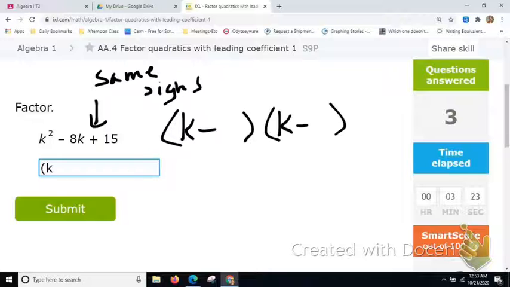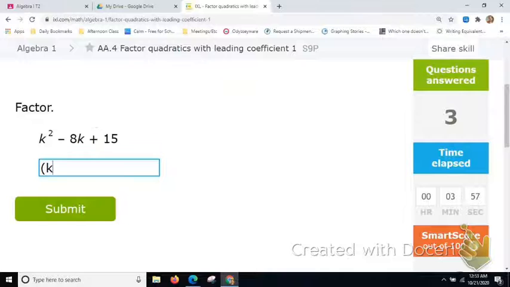And so then what would multiply to be 15 and add up to 8? Indeed, 3 and 5. Good. Minus 3. I have to remember that I didn't actually do the problem on IXL. And K minus 5.